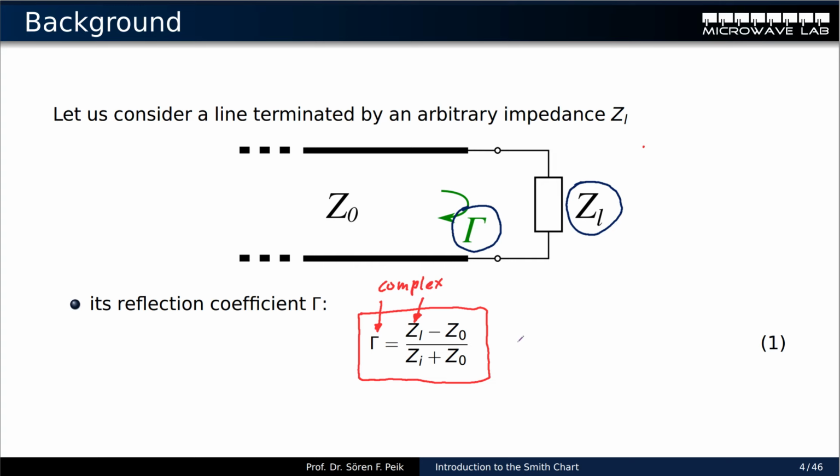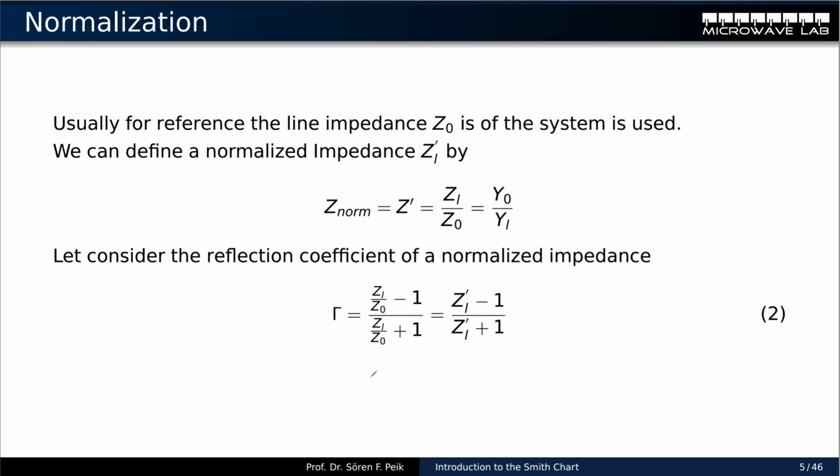However, in the 1940s it wasn't, because doing this calculation is quite tedious when you deal with complex numbers. In order to simplify these things, Mr. Smith had this idea: can we solve this equation using a graphical tool? And he developed the Smith chart.